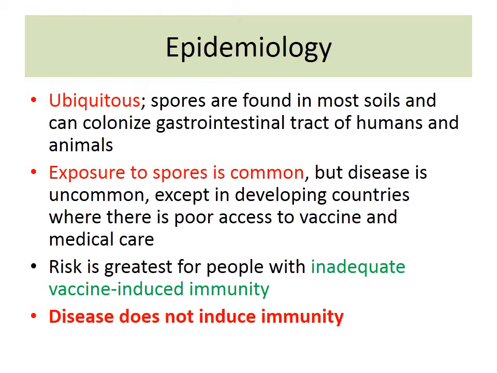The other important thing is that many times diseases induce protective immunity. Your body remembers, it makes memory T cells and long-lived protective antibodies, but unfortunately this does not. So that's another important thing.